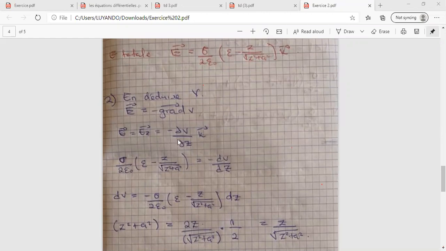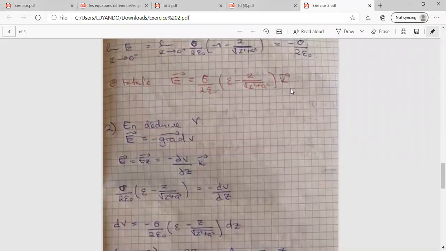So our E in this equation, our Ez, we have it in the k direction. We are following the Cartesian frame, so we're going to have it in Ex, Ey, and Ez.